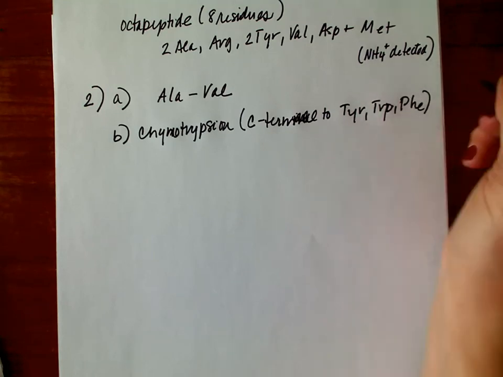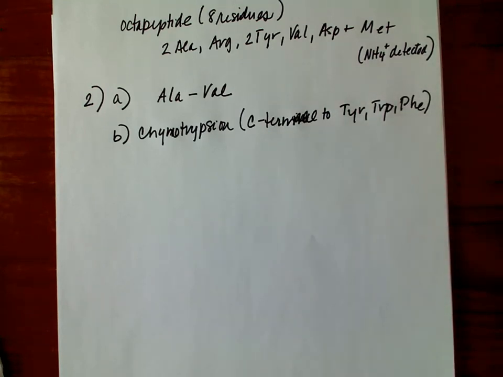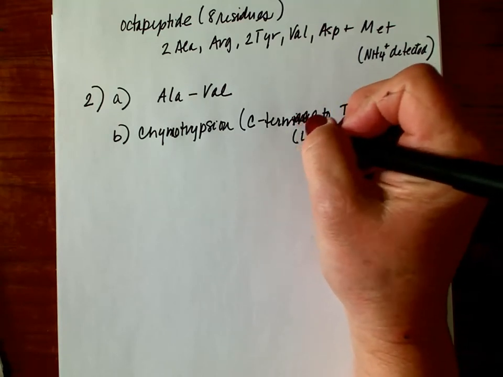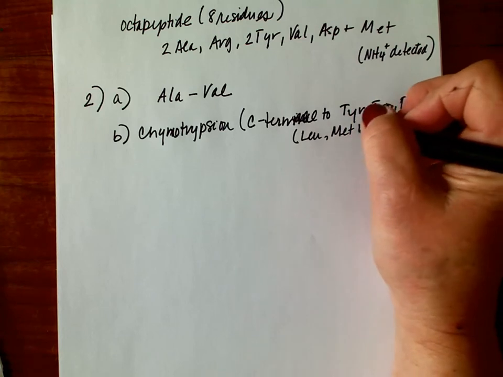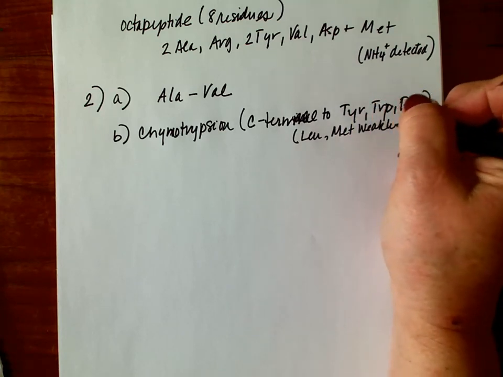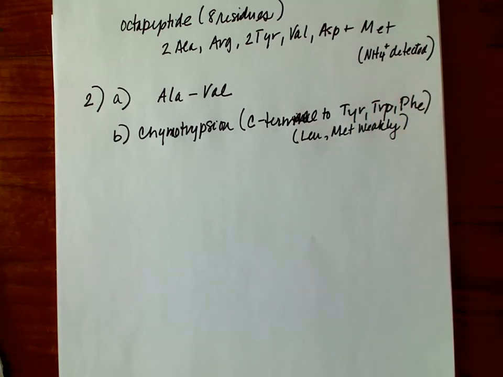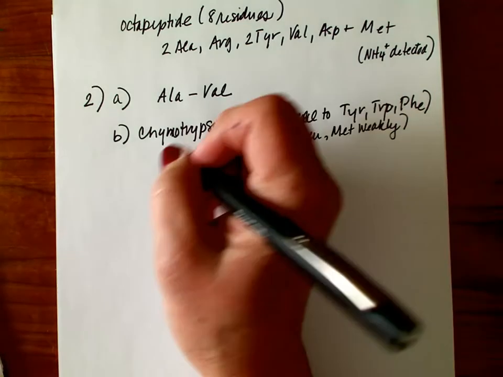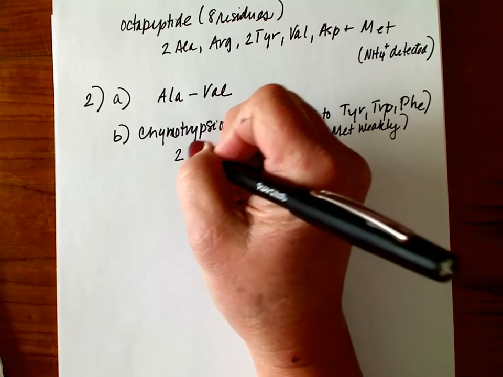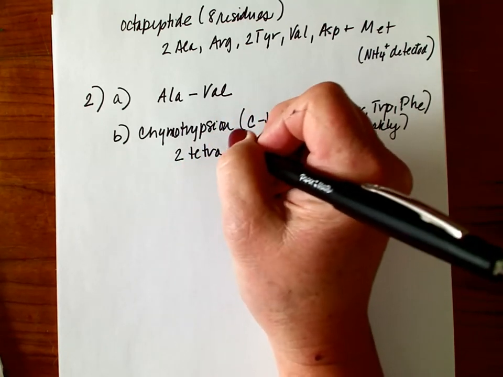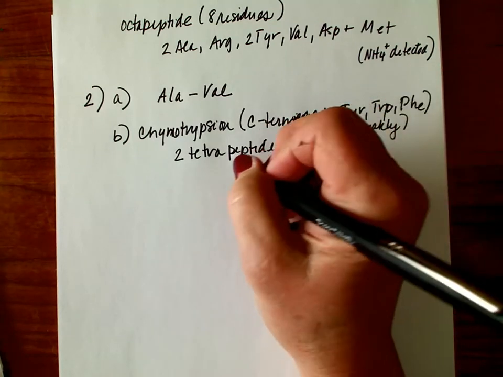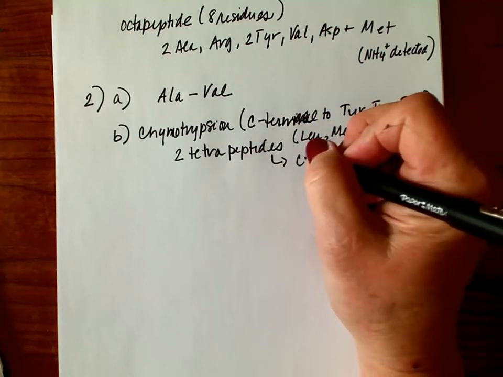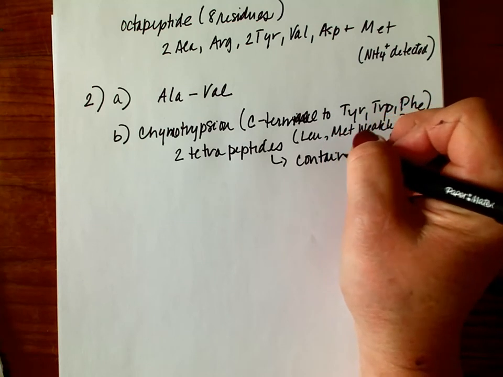Leucine and methionine weakly, I don't think I included leucine before. And from this treatment, we get 2 tetrapeptides. And each of these contain 1 alanine. Okay.